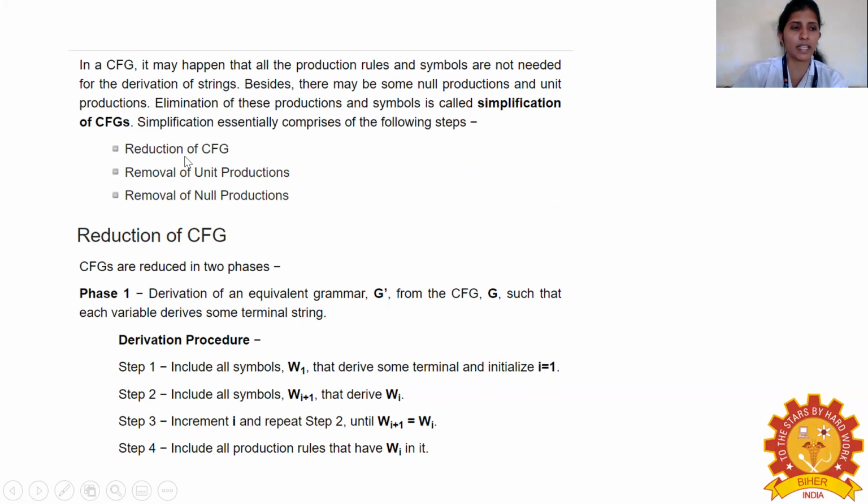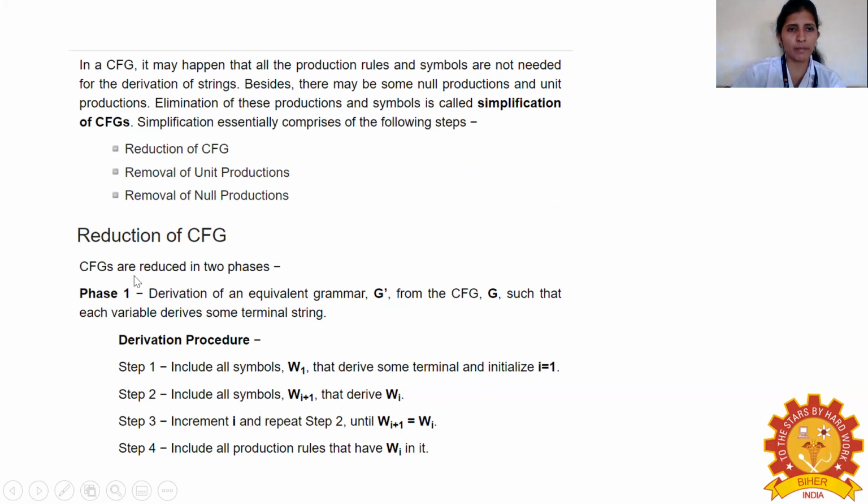First will be the reduction of context-free grammar. The next step is the removal of unit productions, and the next one will be the removal of null productions. First let me give the algorithm for the reduction of context-free grammar. Then based on this, we will see an example.